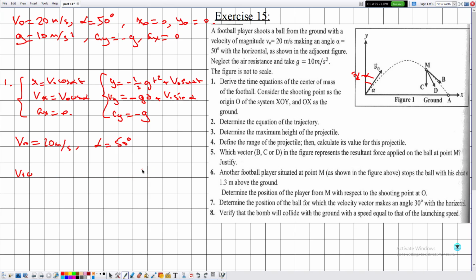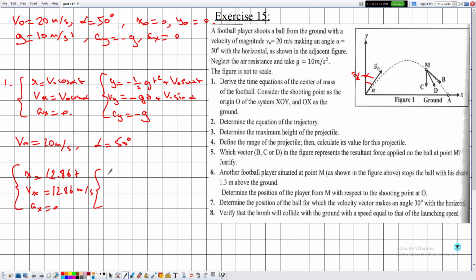So let me directly write them in that way. So x is equal to v0 cosine alpha t, to avoid writing units, so vx is equal to 12.86 meter per second, and ax is equal to 0.